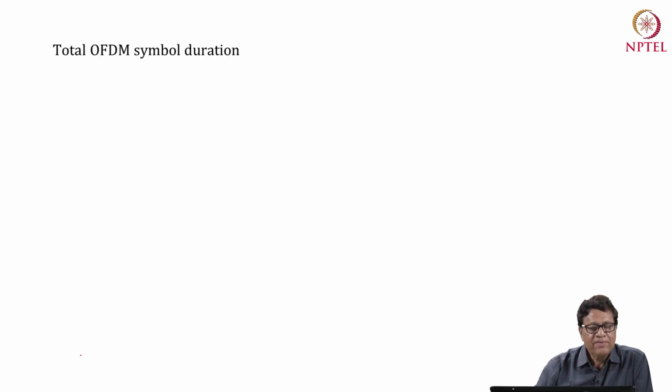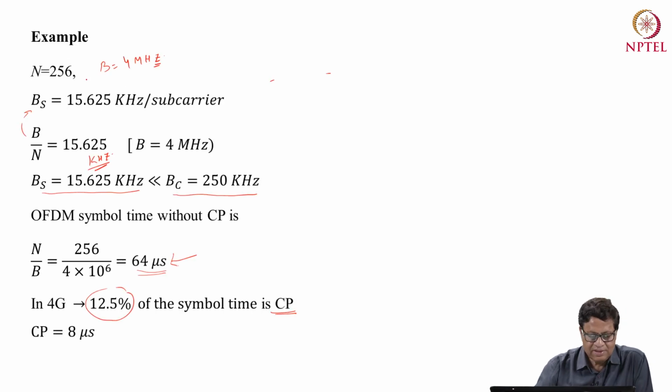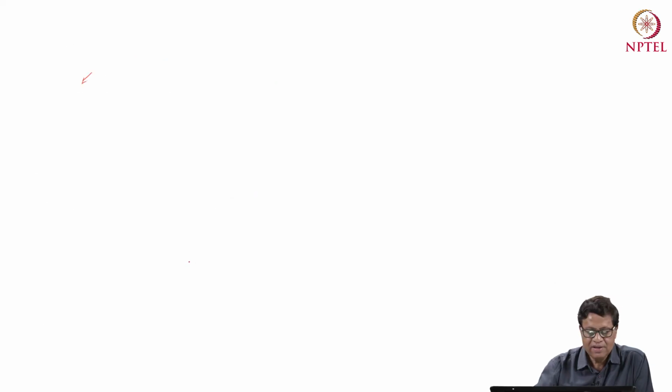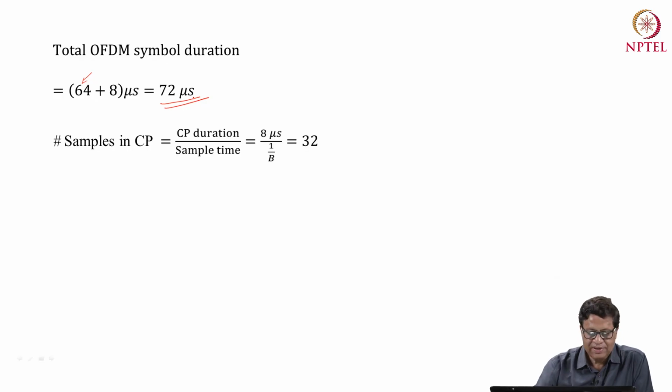So the total OFDM symbol duration, which will be CP and the 64 which has come earlier, is 72 microsecond. 64 is N by B, the OFDM symbol time without CP.